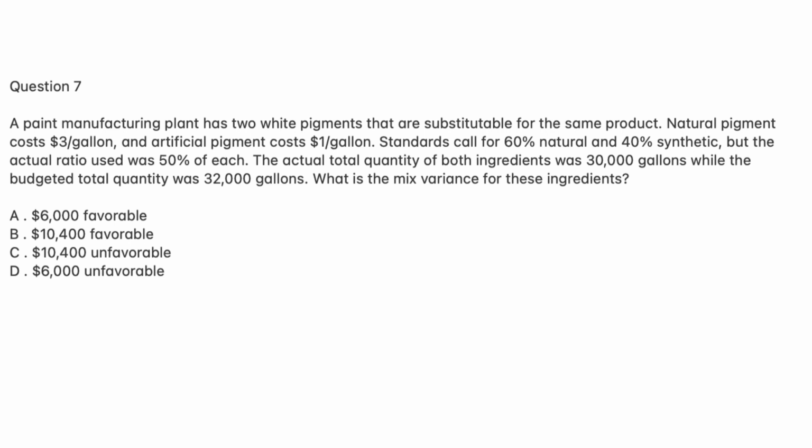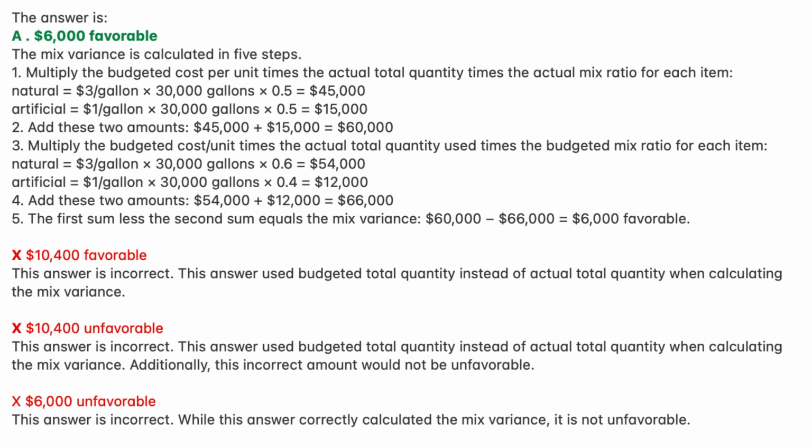What is the mix variance for these ingredients? A. $6,000 favorable. B. $10,400 favorable. C. $10,400 unfavorable. D. $6,000 unfavorable. The answer is A. $6,000 favorable.